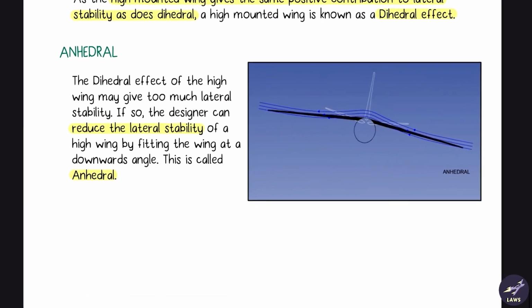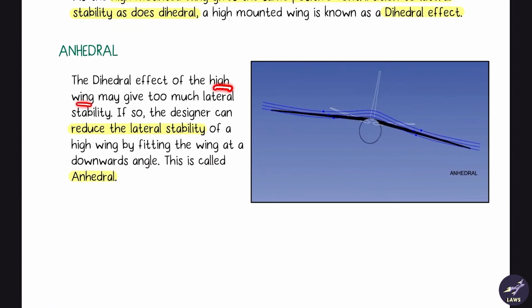So this also produces a stabilizing effect. Because the high wing may give too much lateral stability, designers can reduce the lateral stability by introducing something known as anhedral. Okay. So this is how the anhedral looks. So from the root to tip, it is going at a downward angle in case of anhedral.